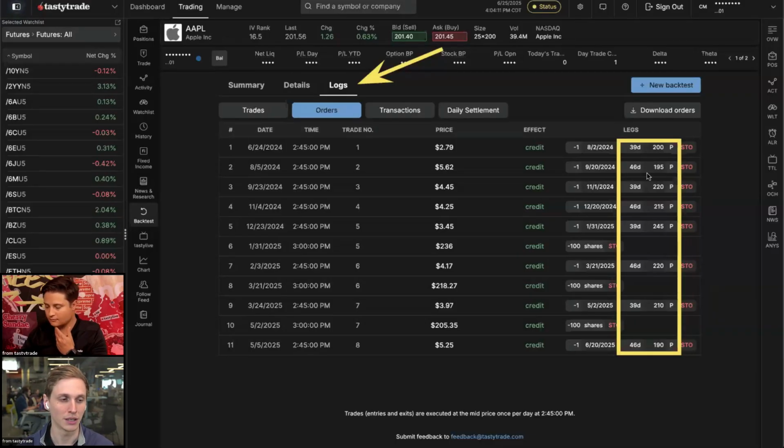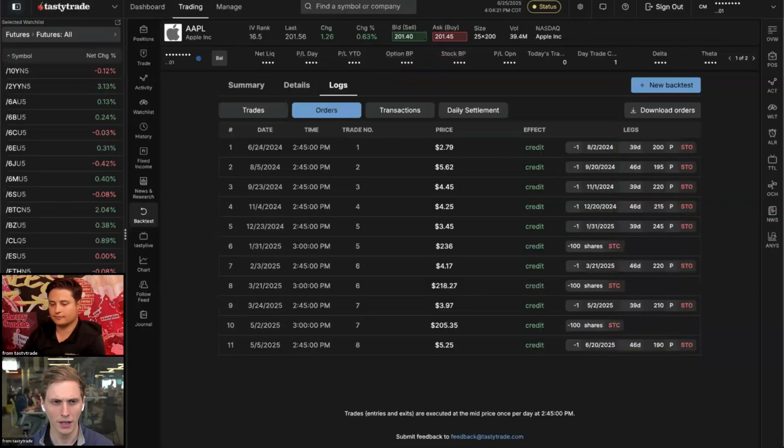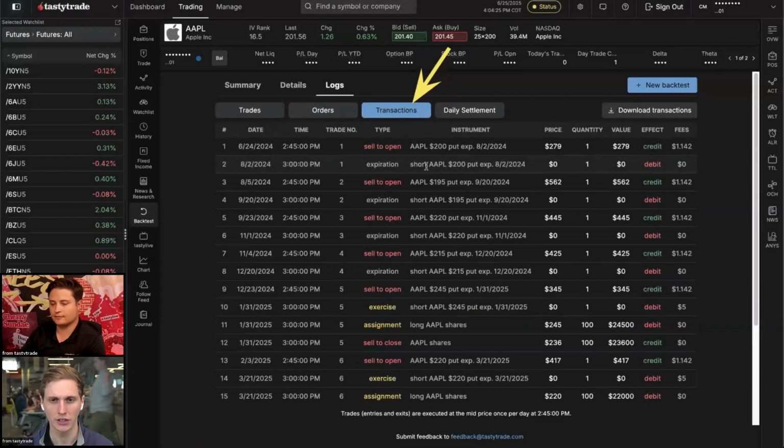But you can see based on our entry parameters, where it's getting close to that 45 days until expiration, or where on average our trades are being set up. And then the last two here, we're going to have the transactions section. And this is just another detailed look at the trades that were placed on an individual basis.